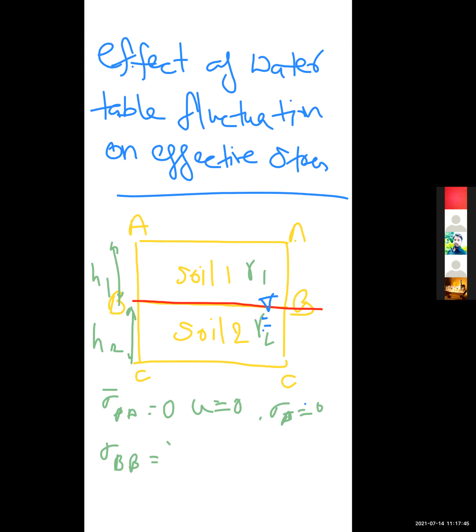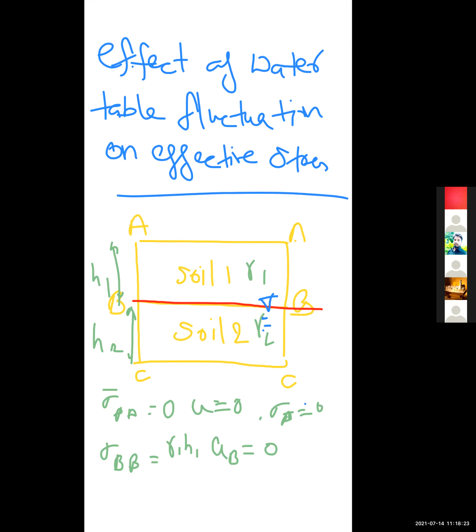Total stress equals gamma 1 into H1. Is there any pore water pressure at BB? Pore water pressure u equals 0, because above the B layer there is no pore water pressure, but below B there is water pressure. So within B to C we have to consider water pressure, but at B level water pressure is 0.